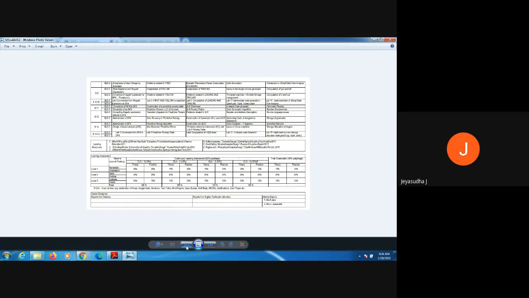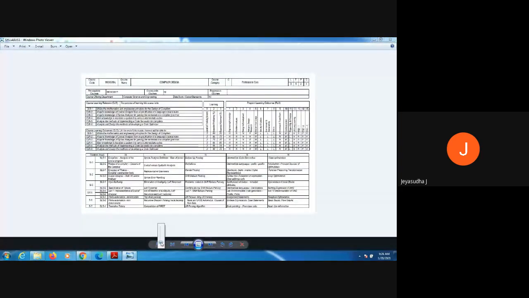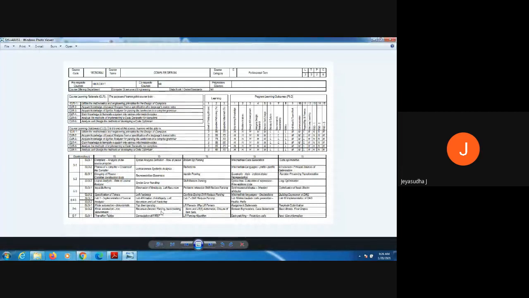In the case of the third unit, it will be the continuation of this one. We will be learning some parsing techniques here. There is another parsing called shift reduce parsing, and then another thing called LR parsers.